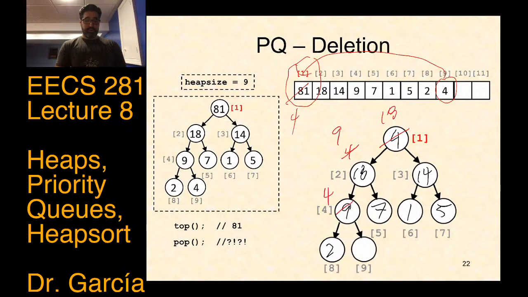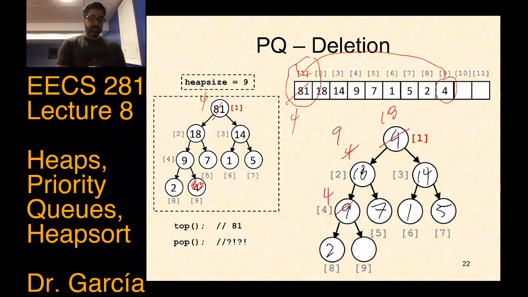Here, I guess it's a little bit confusing on the right because I already wrote kind of the swaps, right? But what we would do is basically delete the 4 here, right? Which becomes the root of the tree, and then fix down, which would be swapping with 18 because 18 is larger than 14.